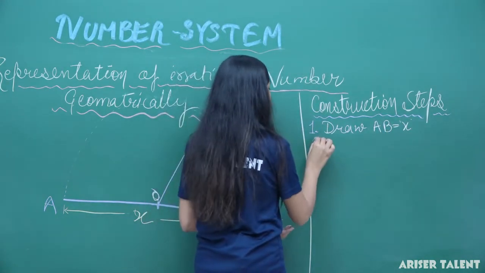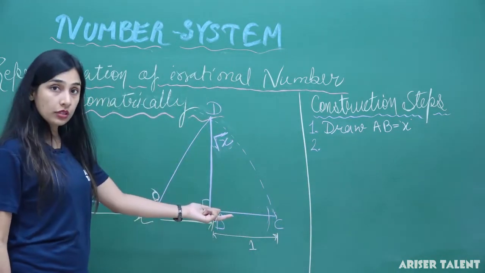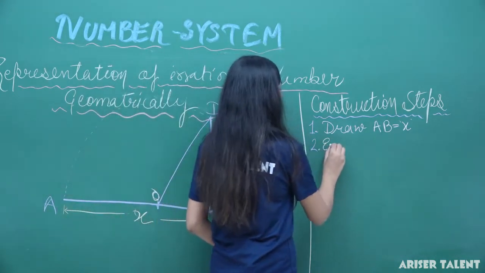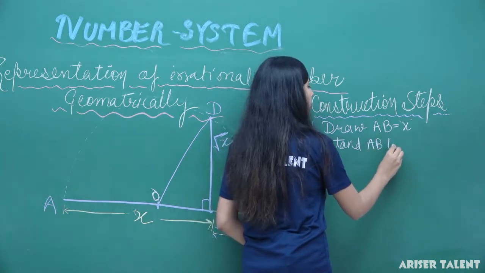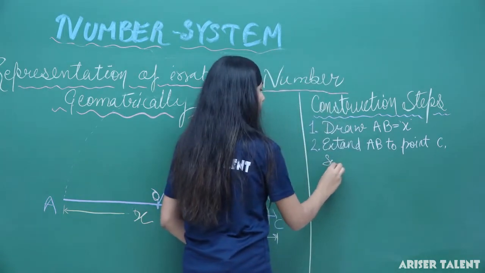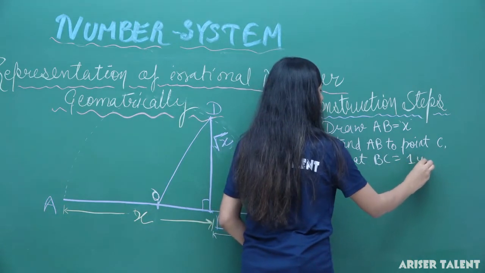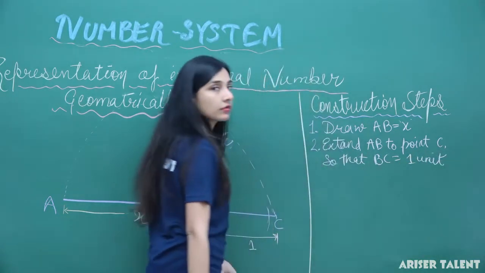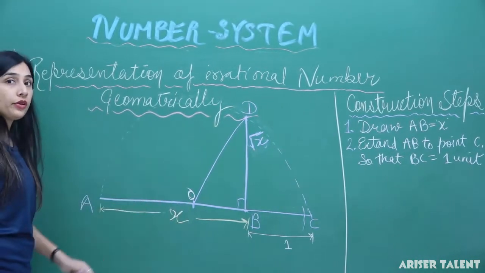Then the second one, after AB I have extended AB up to C: extend AB to point C so that BC equals 1 unit. Understand? Now, after doing this, what we have done? We have marked this point O.